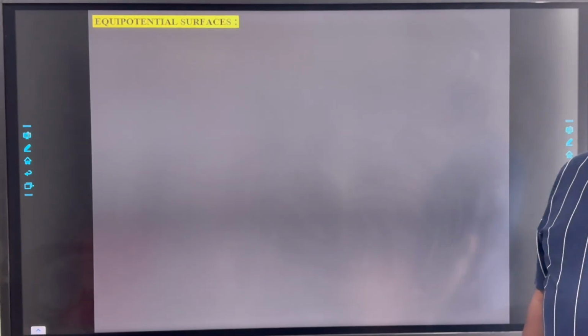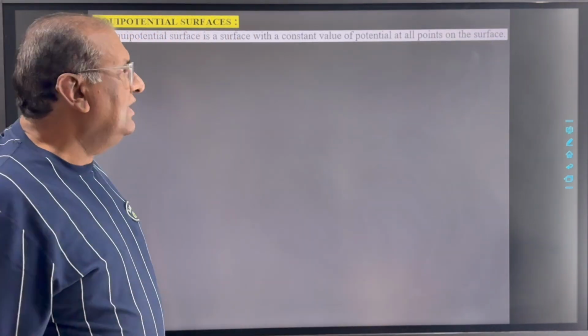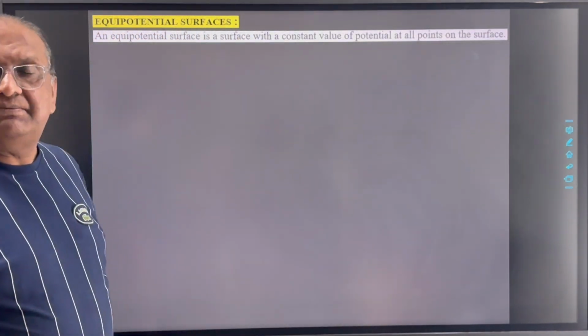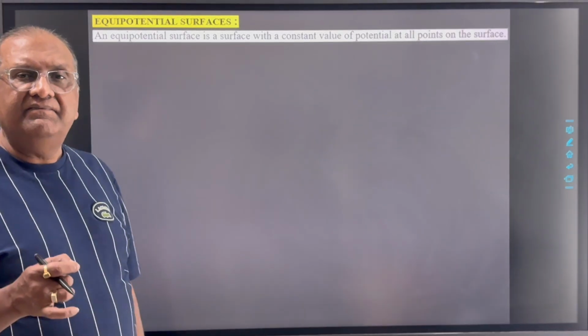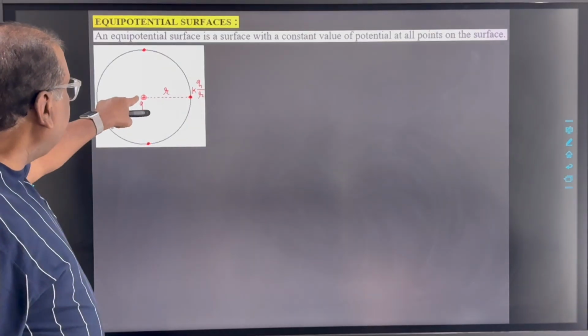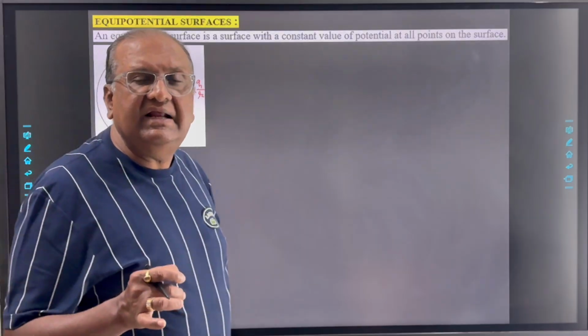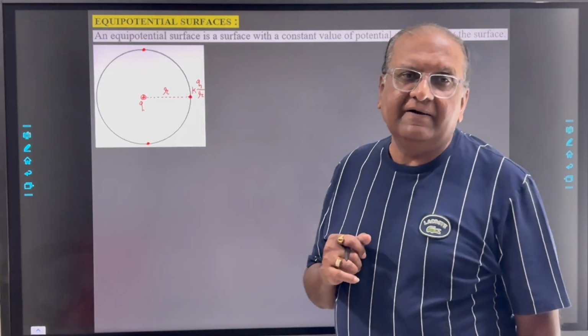Now next topic, that is equipotential surfaces. An equipotential surface is a surface with constant potential at all the points on the surface. Now to understand this particular concept, let's consider a point charge. Now taking that point charge, imagine a spherical shell having radius equal to r.